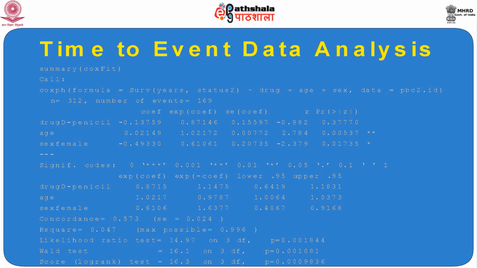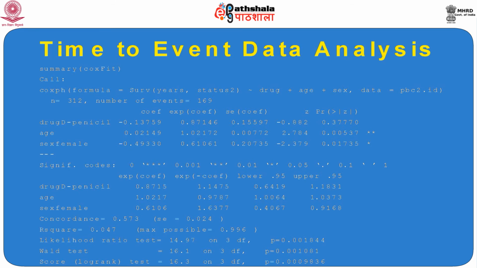And for female, the coefficient comes as minus 0.49 with odds 0.61 and p value 0.01735. So again it is a significant p value, and it says that females have a lesser chance of dying in comparison to male.